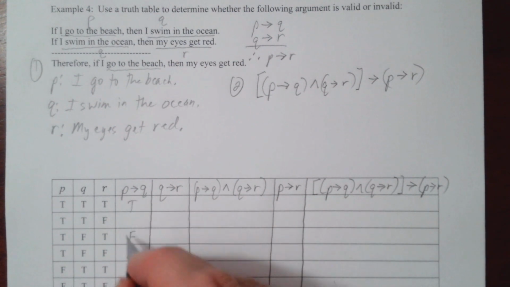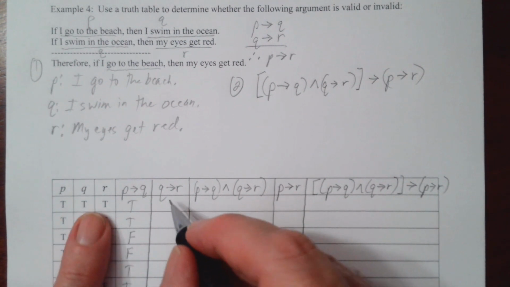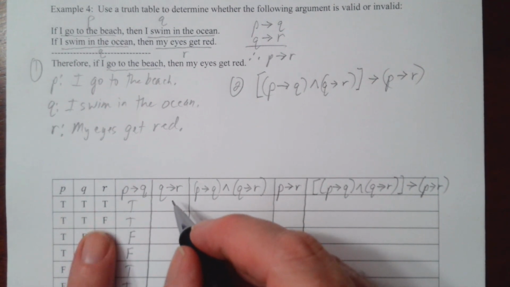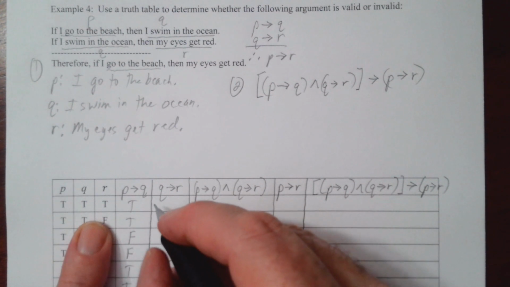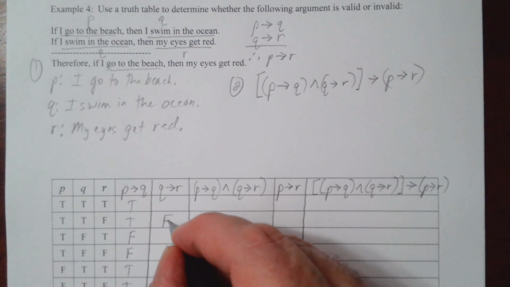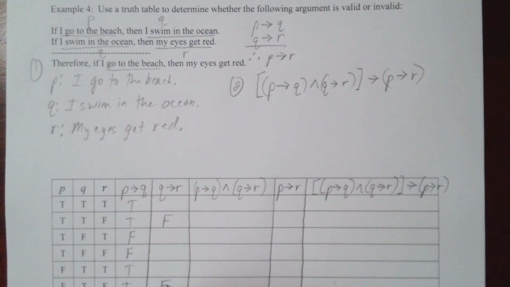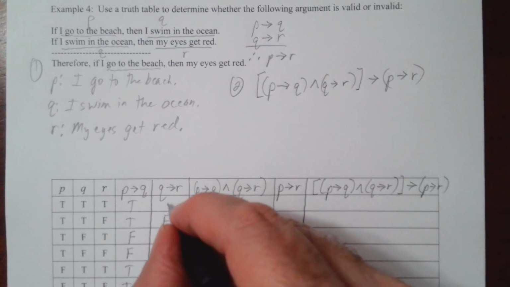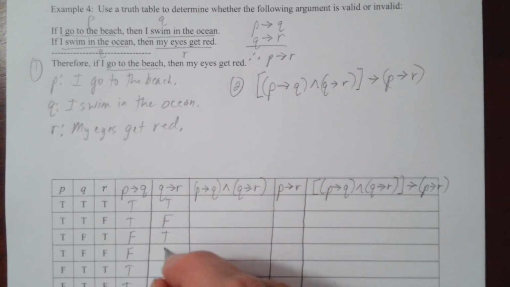So every other case will be true. Q implies R, so now we're using these 2 columns, and we're looking for the same thing, true false. So true false here, that means this statement is false there and here. I don't see any other true falses, so the rest of these are trues.